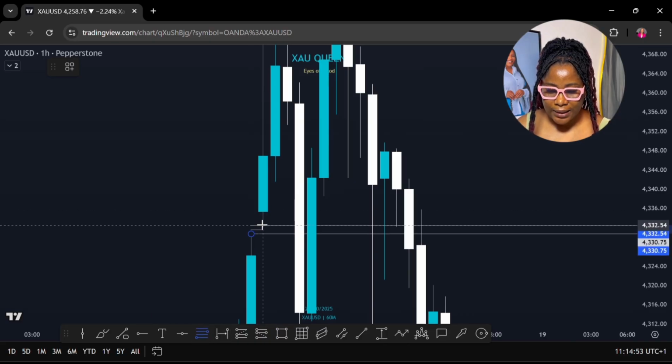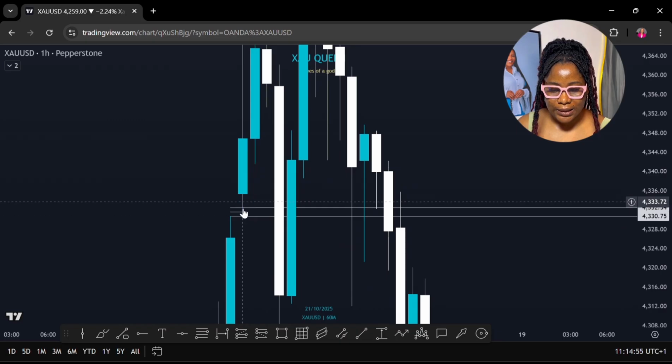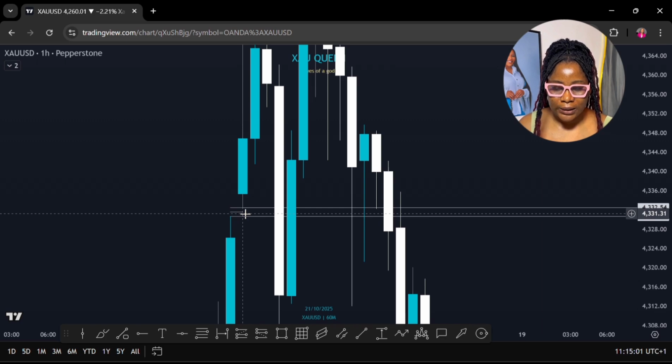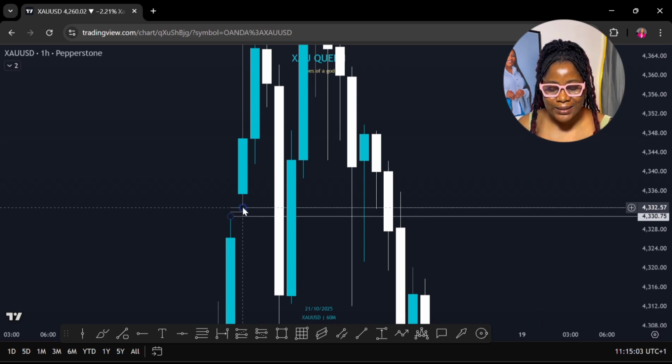So right here is our liquidity void. Majority of the time, price uses some of these voids in opening to rebalance and then keep pushing. This right here is a liquidity void.